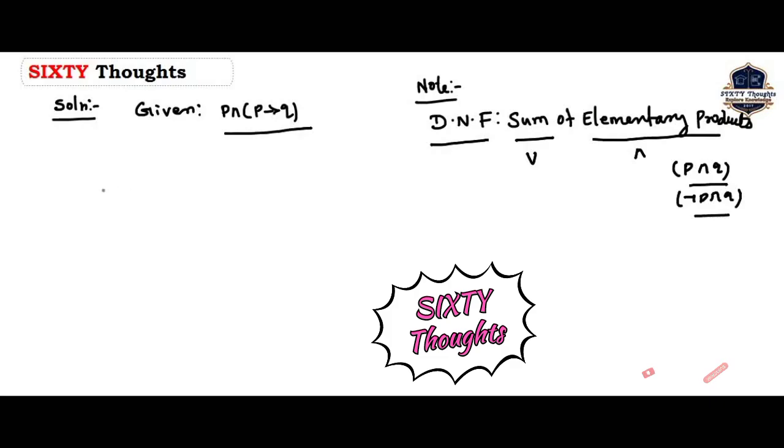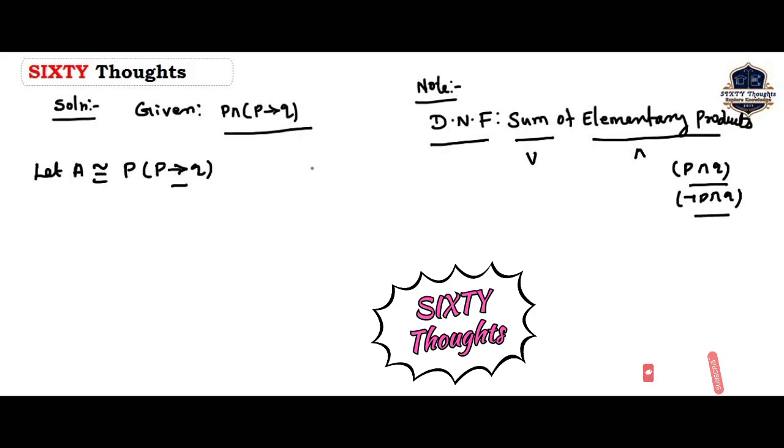So first I am going to solve this problem. We consider the given expression as capital A, equivalent to P and (P then Q). Step number 1: we eliminate the given symbol by using an equivalent law. Here one symbol is there, which is called the conditional symbol.